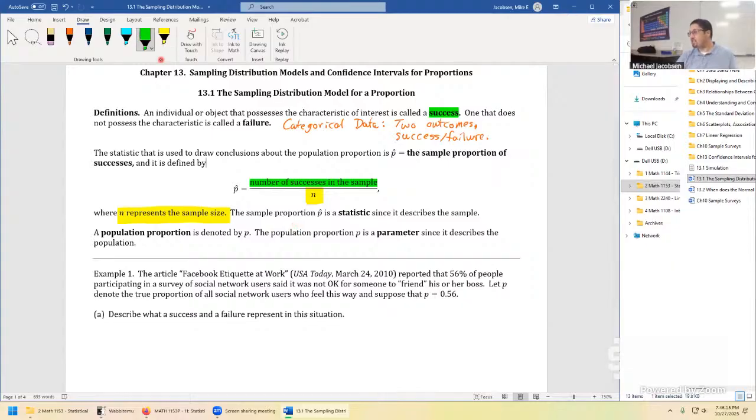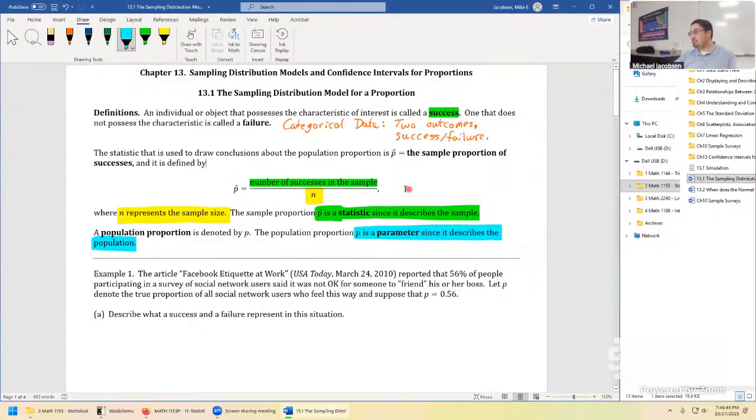So p hat is a statistic because it describes a sample. And we relate that to the population proportion p. Let me just highlight up to p hat to include it there. P is the parameter since it describes the actual population that we're going to study. So we have the sample proportion p hat, the population proportion p, much like we had y bar, the sample mean, versus mu, the population's mean.